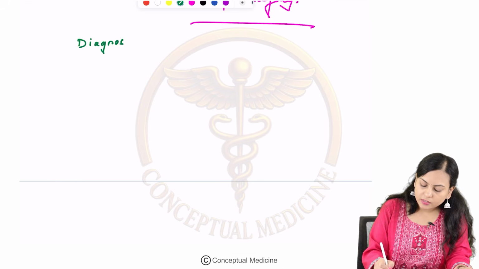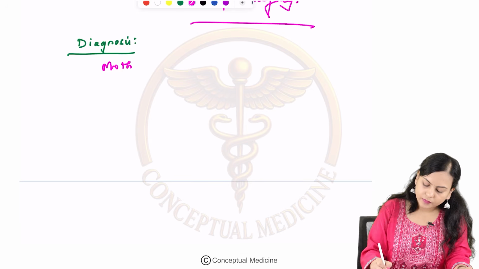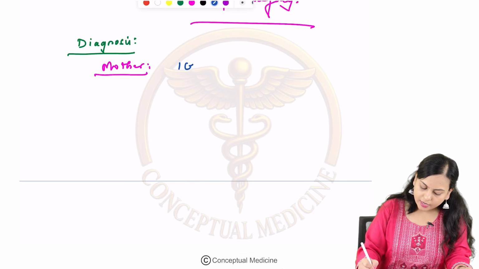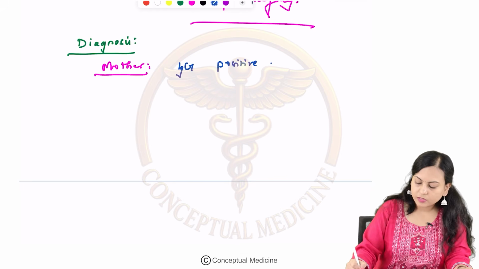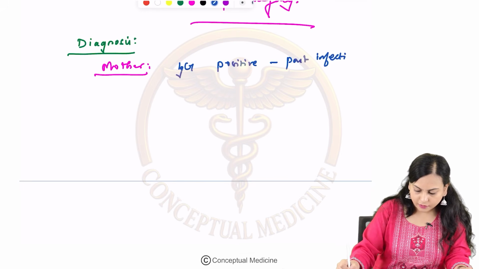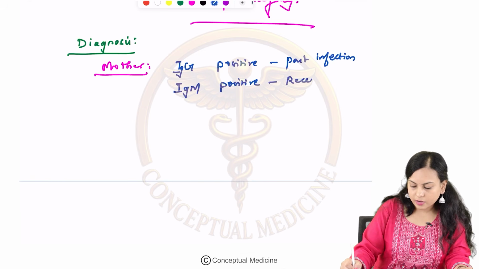So, diagnosis is made in the mother. If you see IgG antibodies positive, that means it is a past infection. IgM antibodies means it is a recent infection.